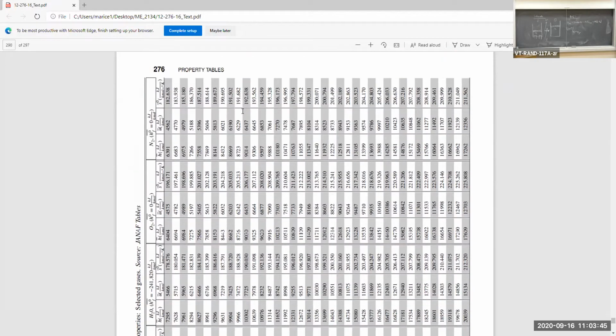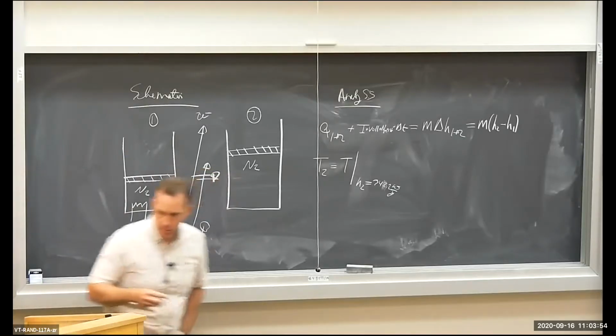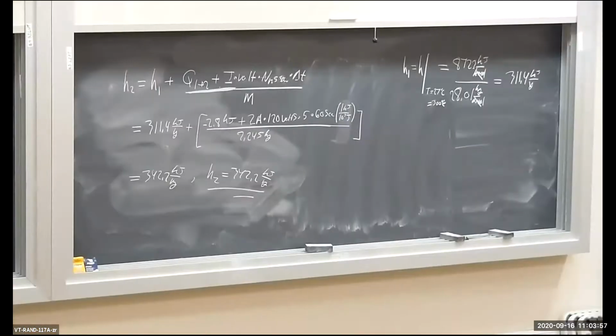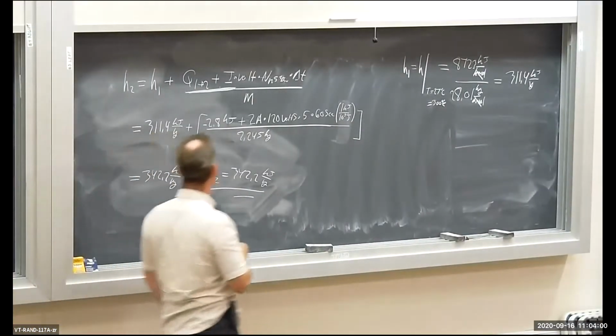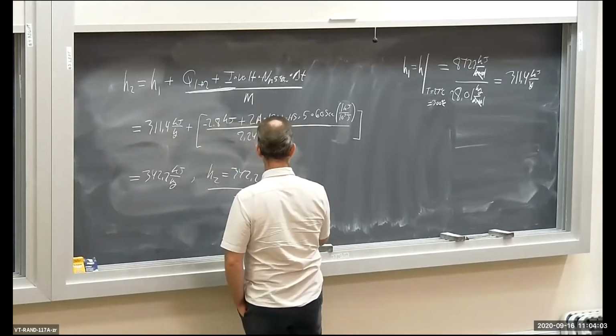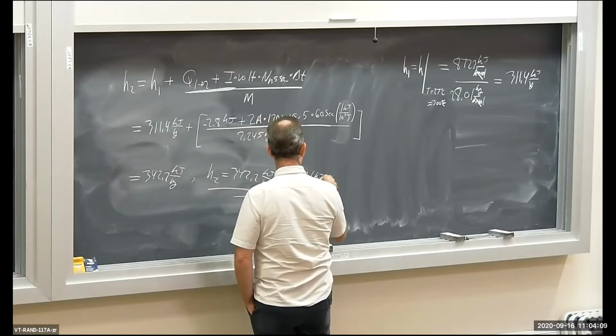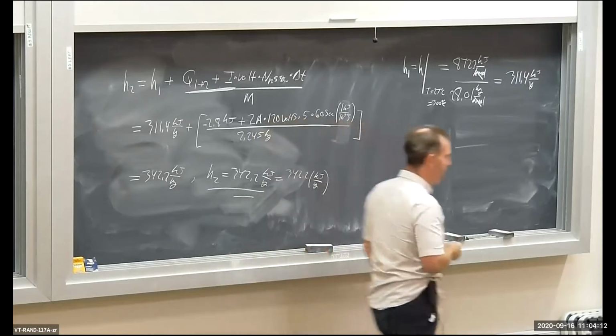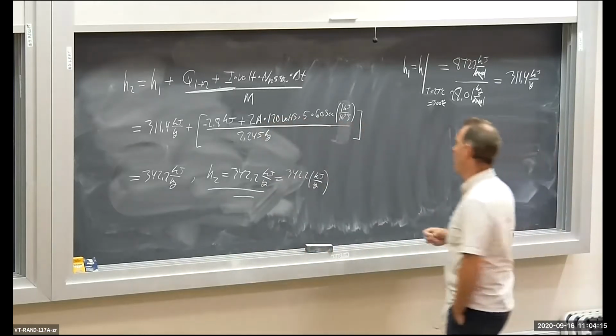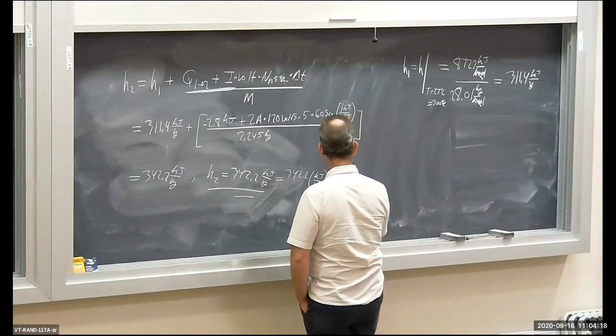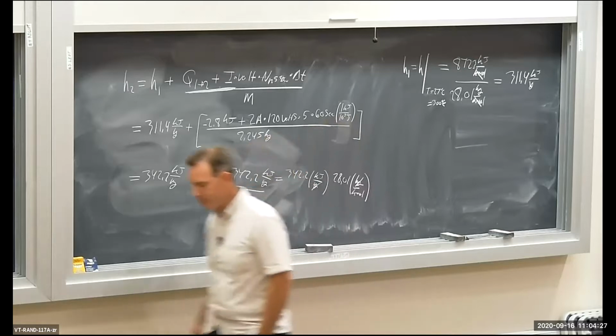So we need to convert the H2 into an H bar 2. Let's rewrite this in terms of kilojoule per kilomole. 342.2 kilojoule per kilogram, and if I multiply that by the molecular weight, 28.01, which has units of kilogram per kilomole, the kilograms will cancel out and I'll get kilojoules per kilomole.